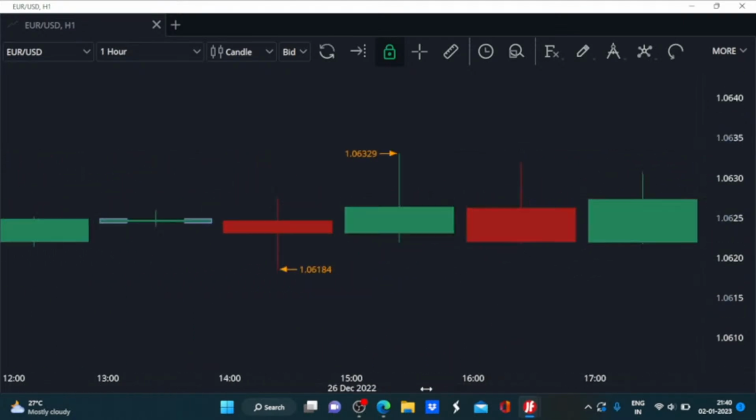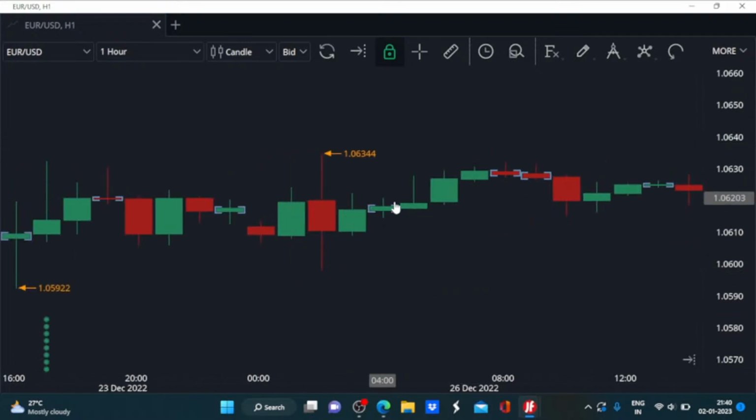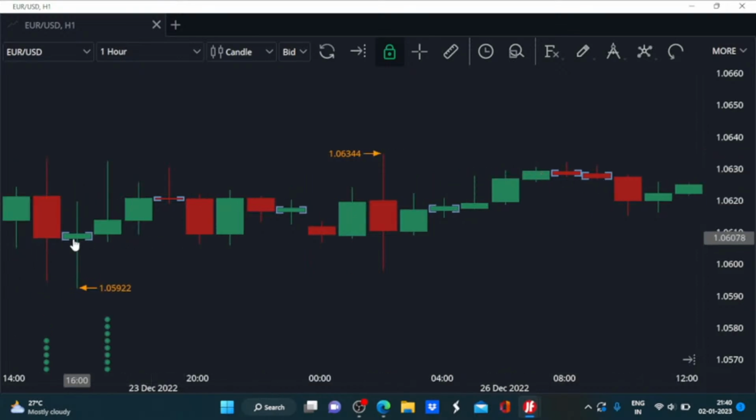Now let's consider some of the instances where there is no shadow and the closing and the opening price are nearly the same. Now if we consider these multiple instances, leave this out here. Here also the shadow is very short. In this case also there is not much of a shadow, and the closing and opening price are almost the same. Now this signifies there is a lack of momentum.